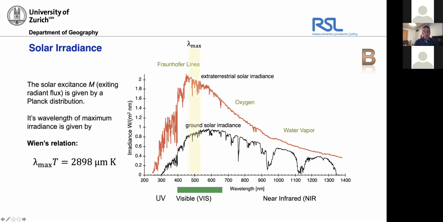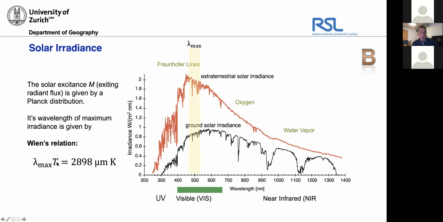And now, where is the maximum of the whole irradiance? There is this Wien relation, maybe you remember this law, which tells us that for an emitting body of a certain temperature, you can easily find the maximum wavelength, which is given by this relation to the temperature.